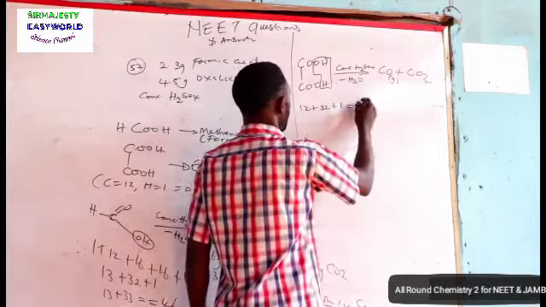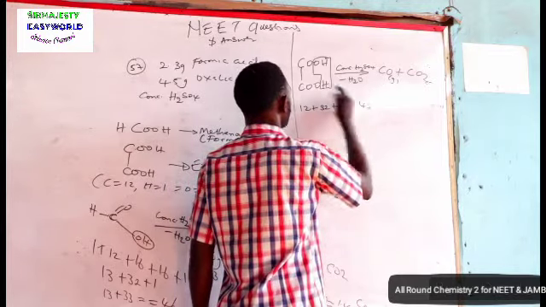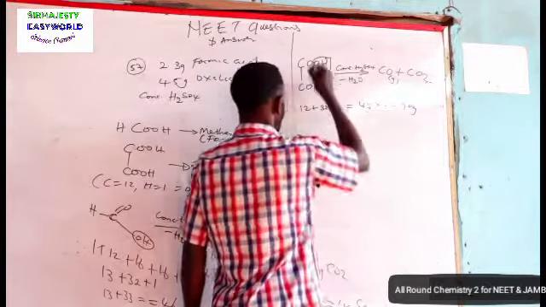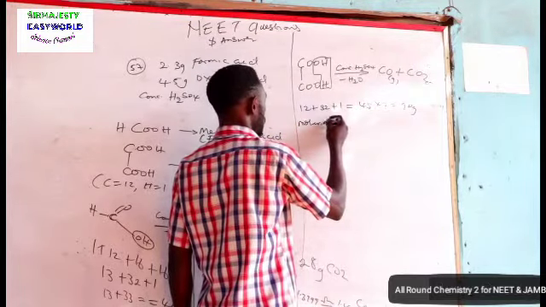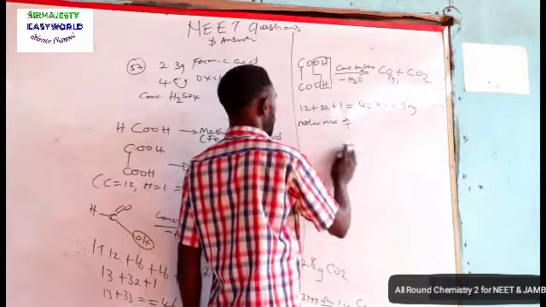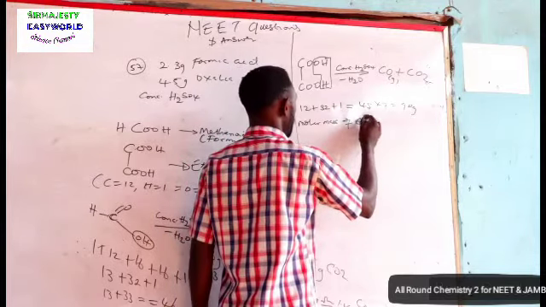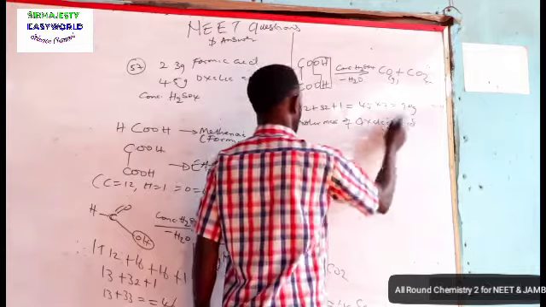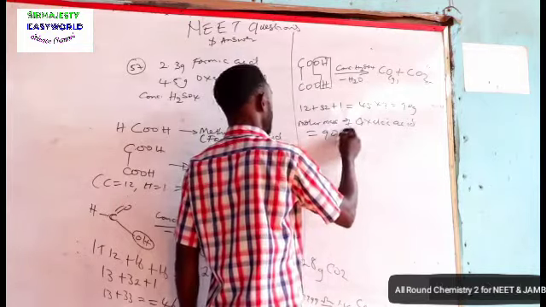So we have 45 times 2, which is 90 grams. So the molar mass of oxalic acid is equal to 90 grams.